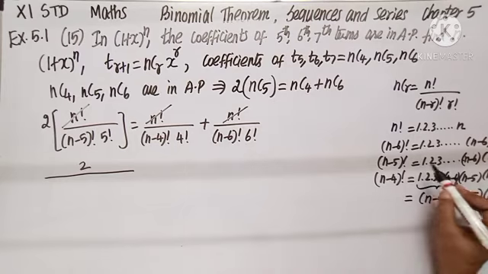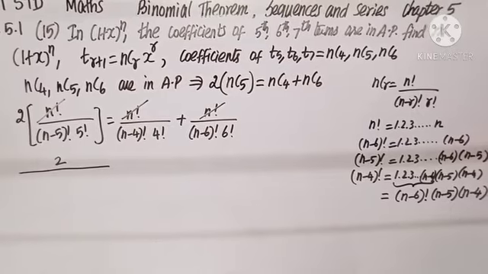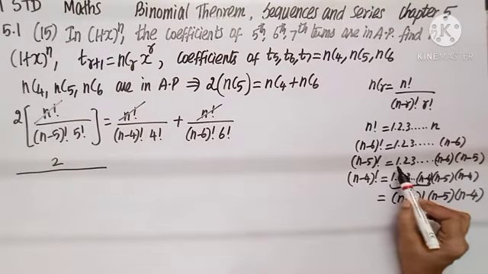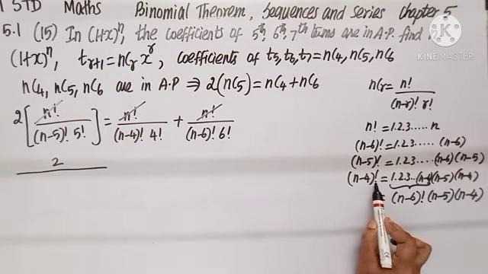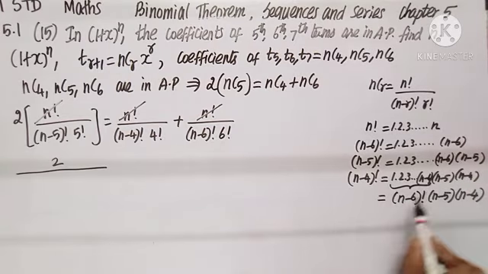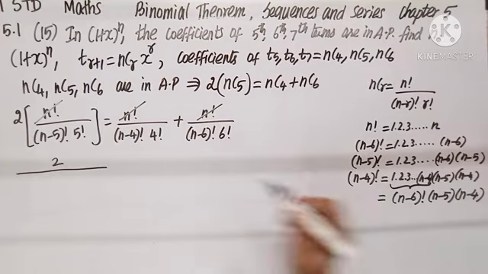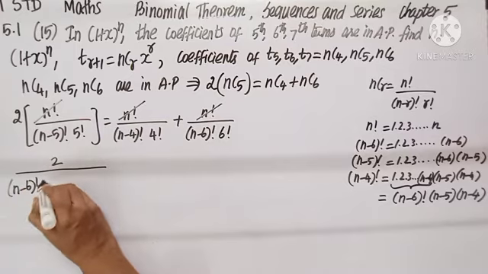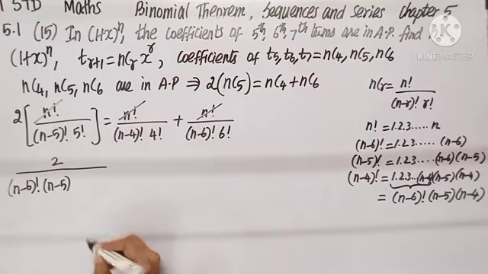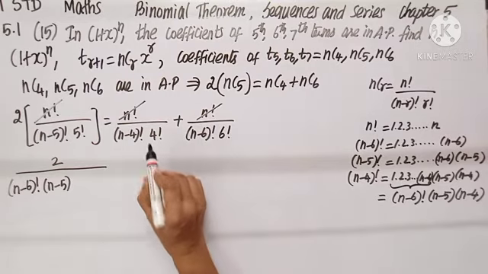n minus 6 is smallest. Which is bigger? How will you write n minus 5 factorial? n minus 6 factorial into n minus 5. How to write n minus 4 factorial? 1 to n minus 6 is n minus 6 factorial. The remaining 2 we will write n minus 5 into n minus 4. Substituting here. Out of 5, 4, 6, 6 is bigger, 4 is smaller.